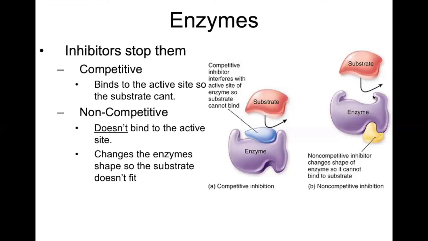So look at this. This opening goes straight up from this side, boom. It's too small. The substrate will not fit. So it doesn't have to compete for the active site. It's automatically going to win. So that's what inhibitors do. These are chemicals that are going to stop the substrates from fitting, and then no chemistry will happen.